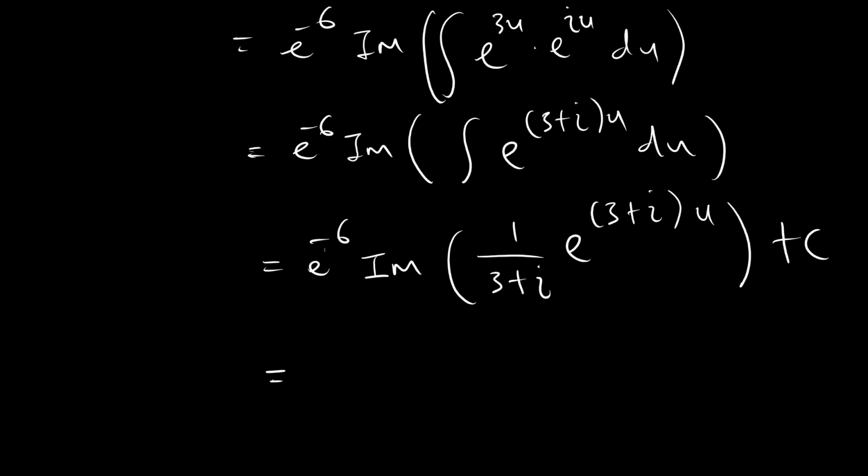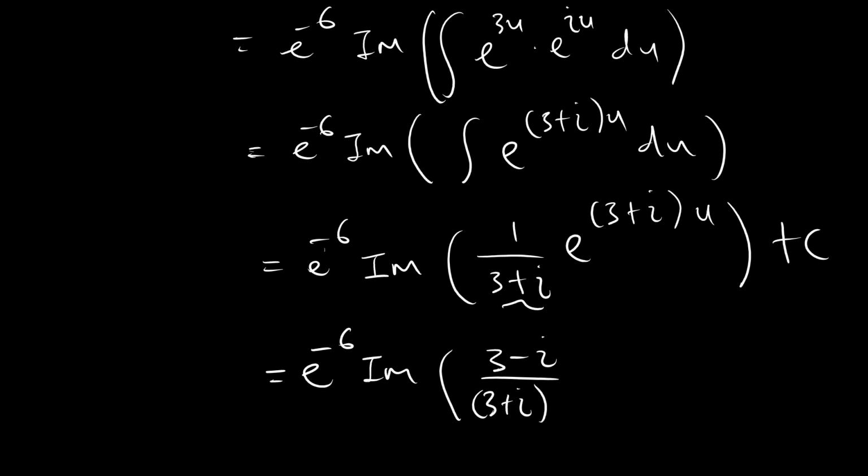So we can try to remove the imaginary component from the denominator, and how we do that is we multiply the numerator and denominator by 3 minus i, since 3 plus i has the complex conjugate 3 minus i. So this is a complex conjugate of whatever is the denominator.